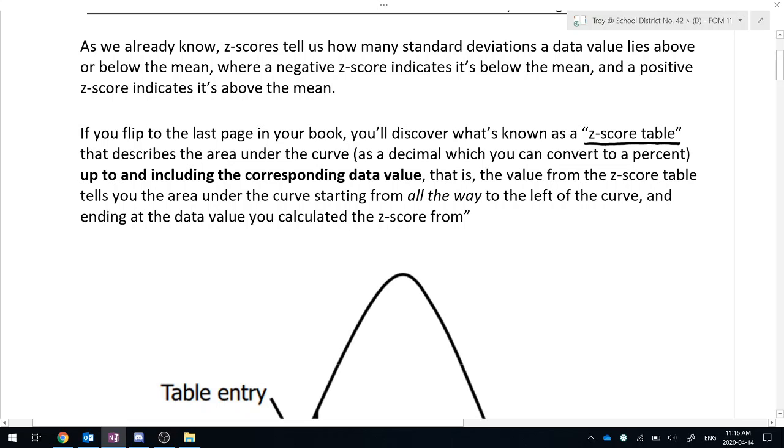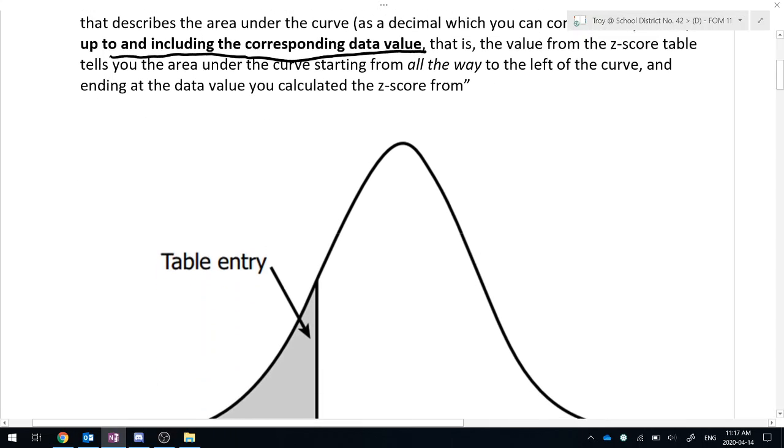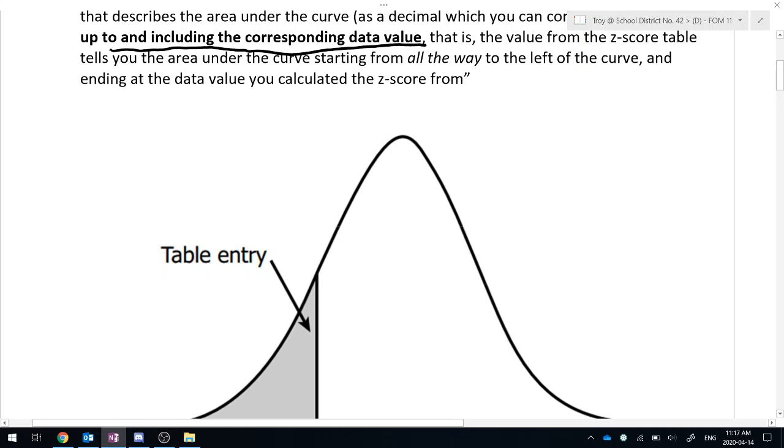Whatever value we get, that's the percent of the data up to and including the corresponding data value. The value from the z-score table tells us the area under the curve starting from all the way to the left of the curve and ending at the data point that you calculated the z-score from.